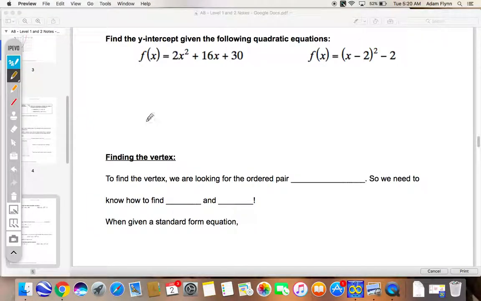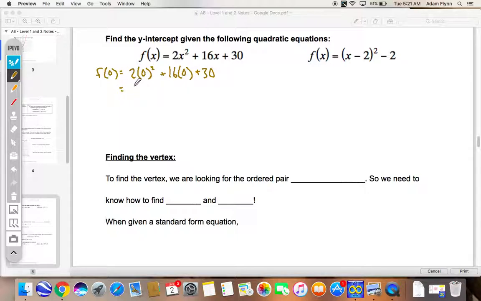So let's find the y-intercept of these quadratic equations. I'm given f of x here, so I'm going to plug in 0 for x. So I have 2 times 0 squared plus 16 times 0 plus 30.